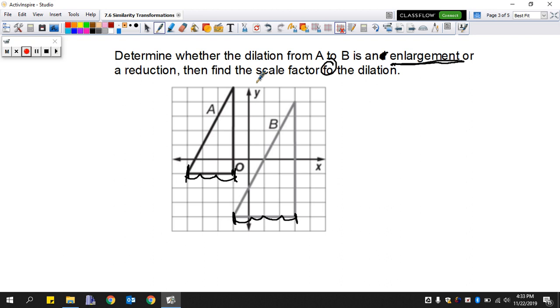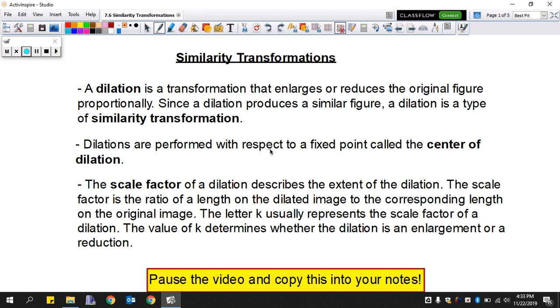Then it says to find the scale factor. To find the scale factor, remember, take the ratio of the length of the dilated image to the corresponding length on the original.